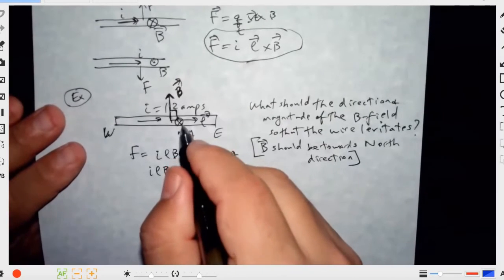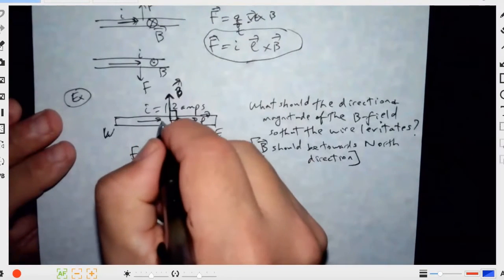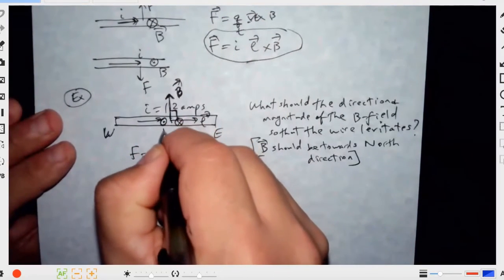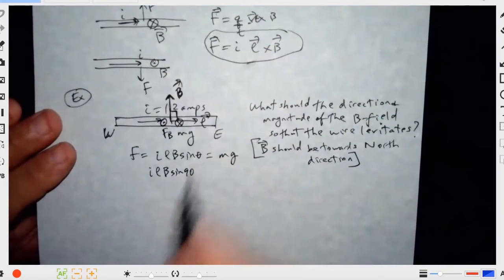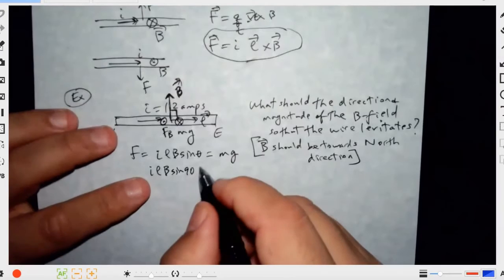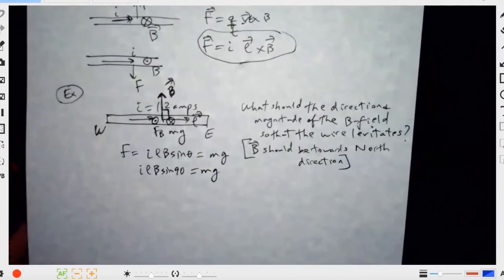The force of the magnetic field is out of the board, and mg is into the board. So I L B sine 90, that's equal to mg, and this sine is equal to 1.